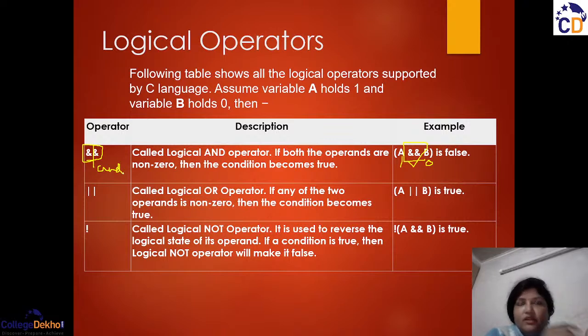We are not using a single ampersand; we are going to use the double ampersand, because a single ampersand is something else. Its meaning is different from the logical operator. So whenever we have to use the AND operator, it is going to have a double ampersand. Then we have the OR operator.